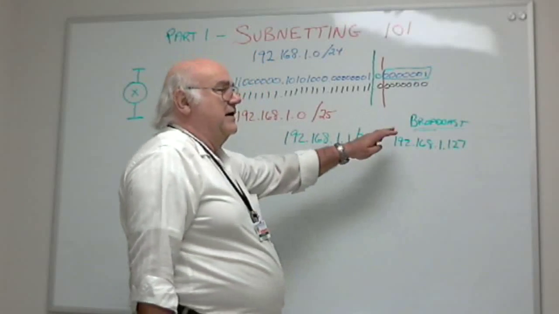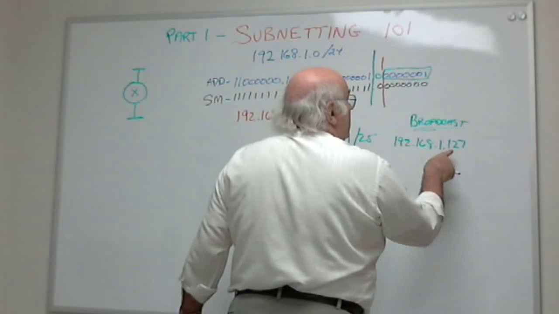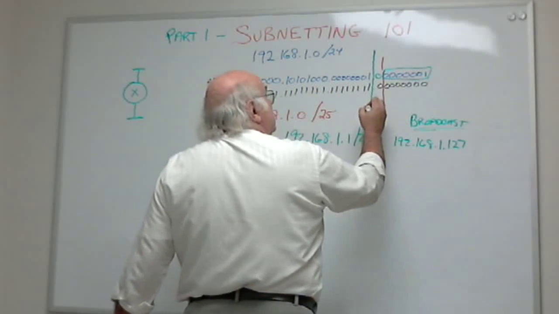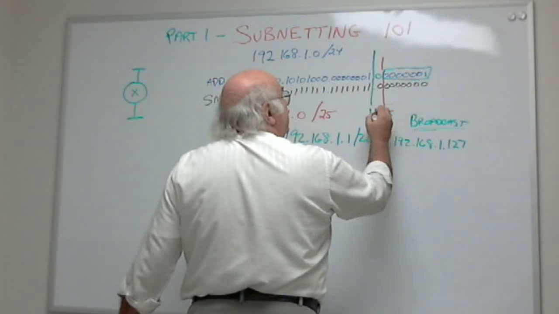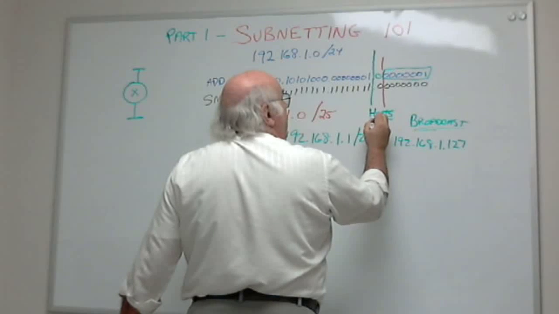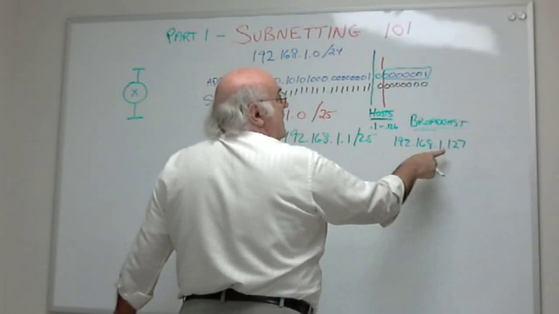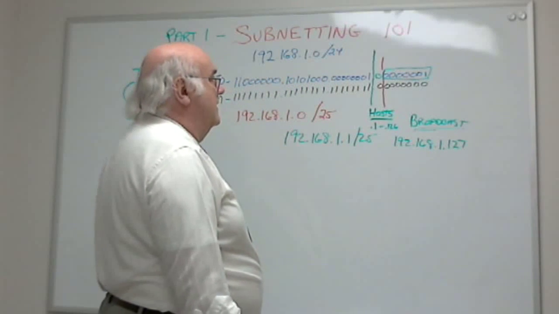And remember how we found our highest address? It was one lower than that, 126. So my usable addresses here are anywhere from .1 to .126. .127 is my broadcast.